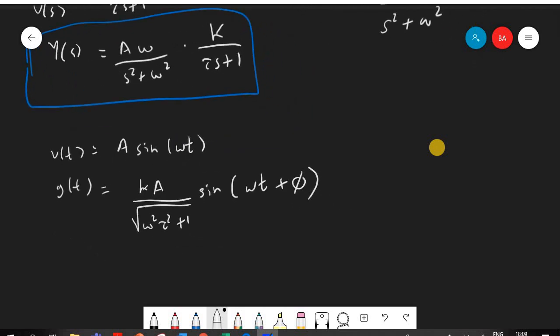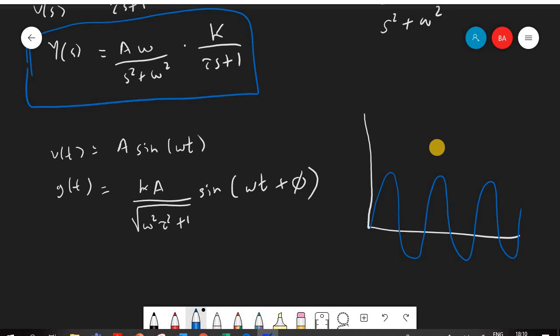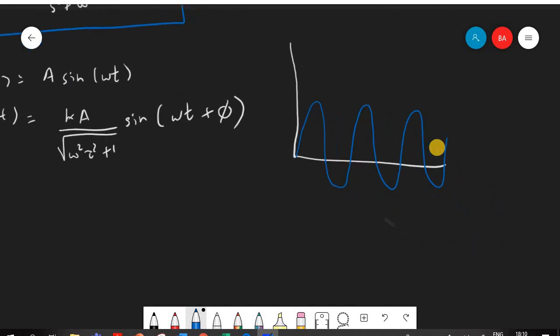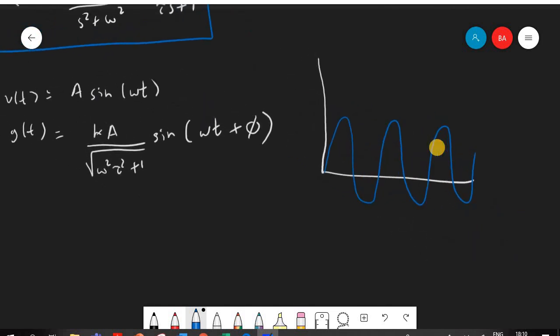I just want to mention that now in my figure, my input, which has a certain frequency, will go like that. And that is my input. It's not as beautiful as I would expect, but please, I'm trying my best to draw my figure here.